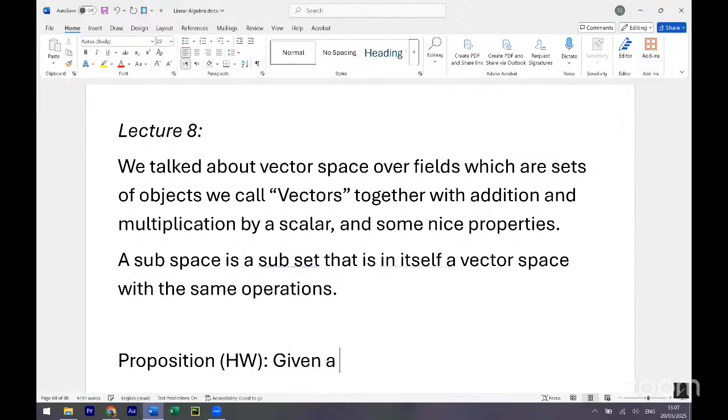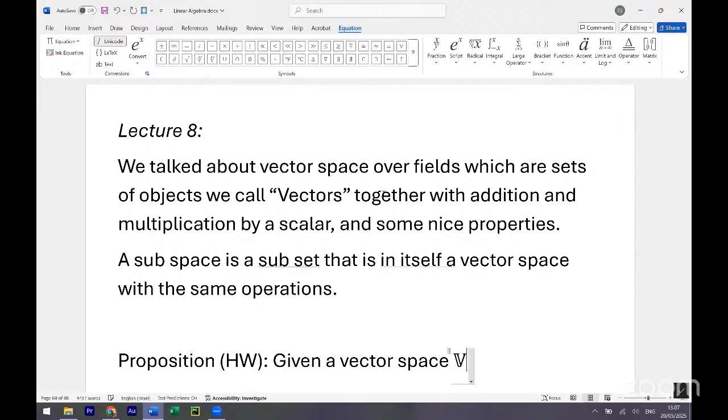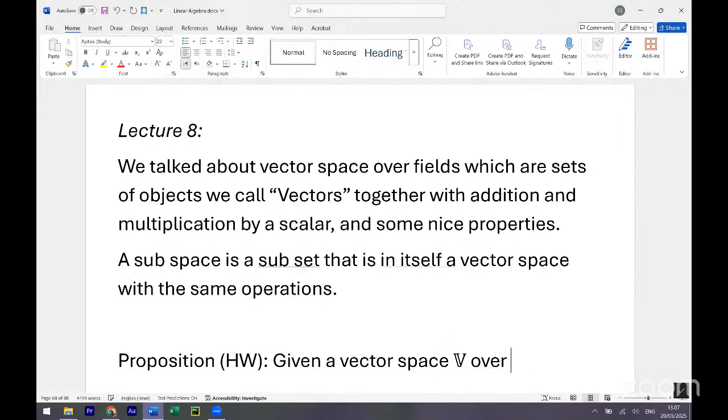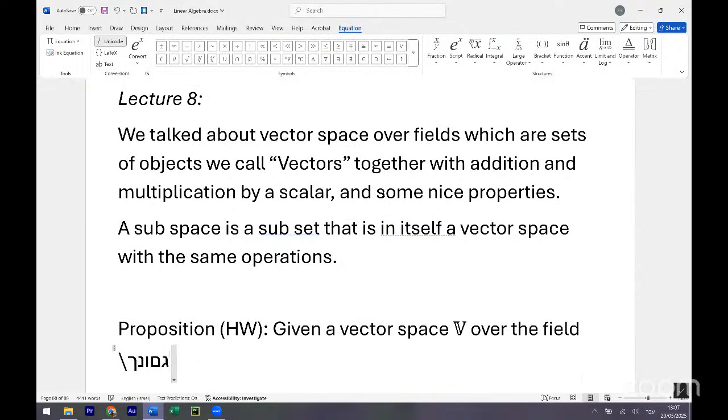given a vector space V over the field F. I'll remind you that the field is where the scalars come from.